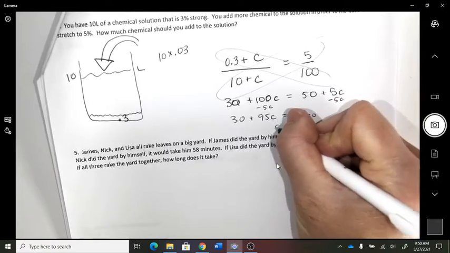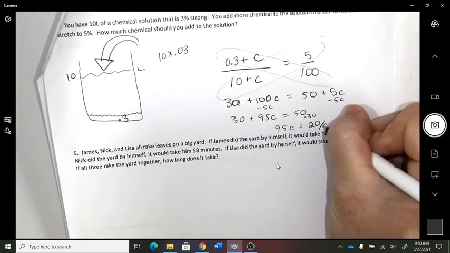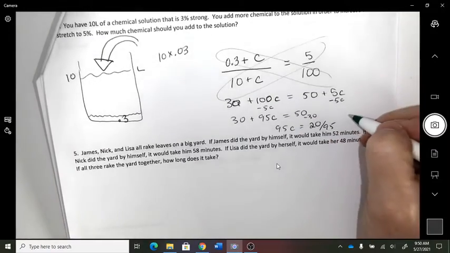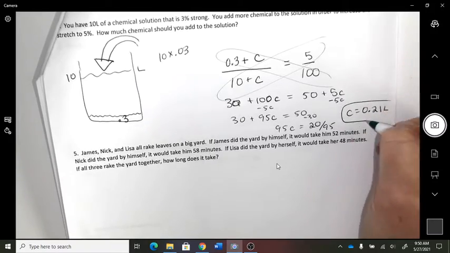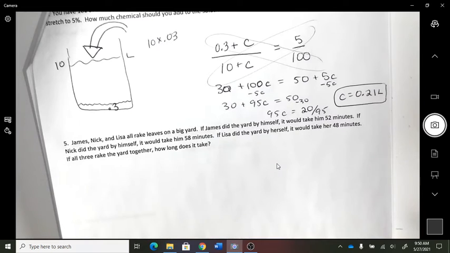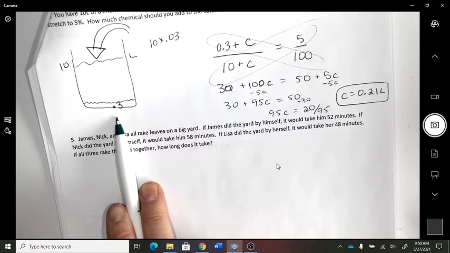Subtract 30. And then divide by 95. So I'm going to add 0.21 more liters to it, which makes sense because I already had 0.3 in there, and then I'm dumping another 0.21.